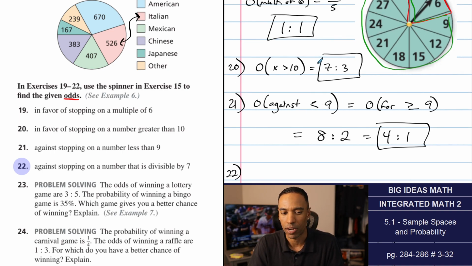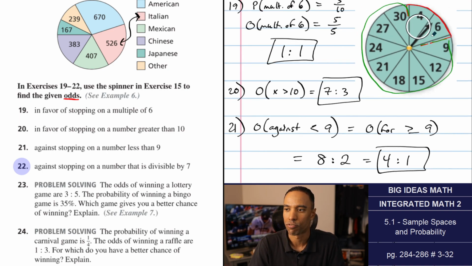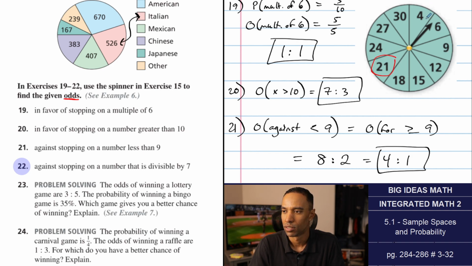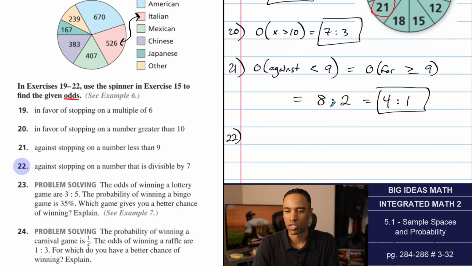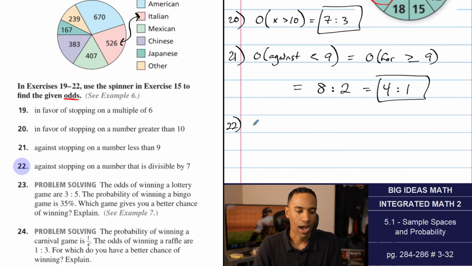Odds against stopping on a number that's divisible by 7. Let's find the ones that are divisible by 7, because I think there are fewer than the ones that are not. So divisible by 7, we have 1. I think just 1. So odds against it. Odds against means everything else that's not the 7.